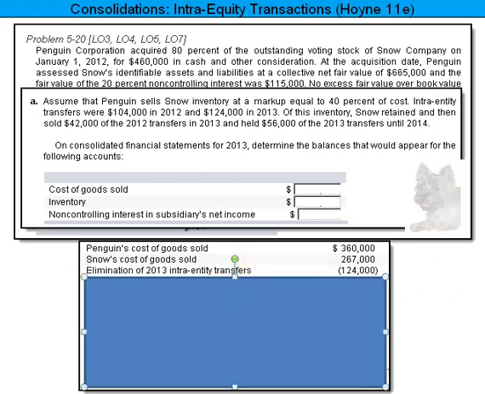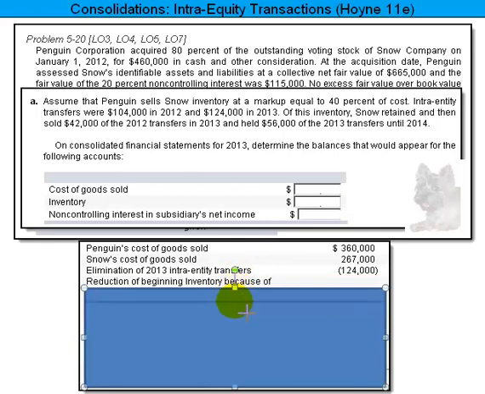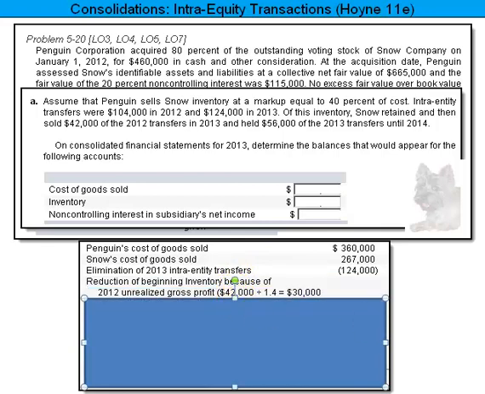And then we need to reduce the beginning inventory because there was unrealized gross profit on it. They sold $42,000 from 2012, and we have to figure out the markup percentage, and I think it said 40%. Let's see if we can find that. Yeah, right there, 40%. So we've got to do an elimination of the beginning inventory.